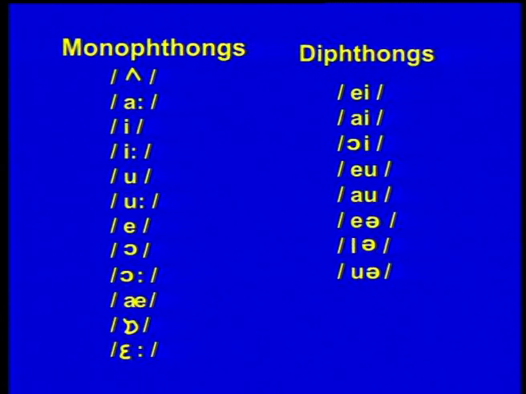This gives you a list of vowel sounds in English. 20 of them, 12 of them which are known as monophthongs, that is single sounds, and 8 of them known as diphthongs, as it's a combination sound. It's a combination of two different vowel sounds, which is of course just a single sound, and hence they are known as diphthongs.